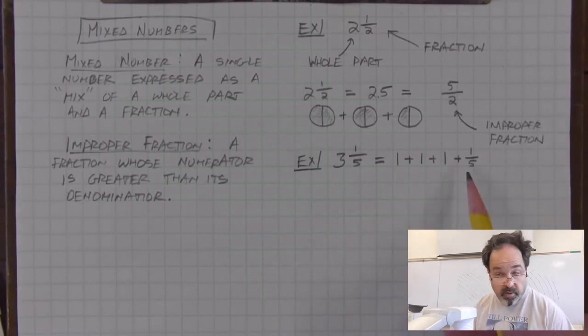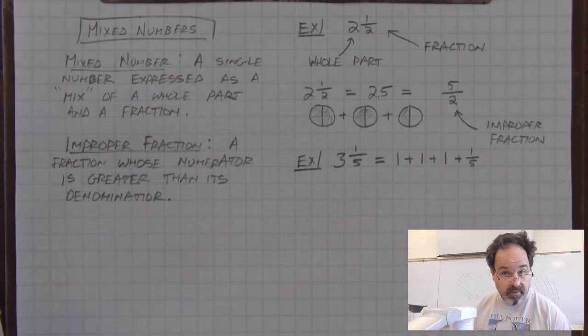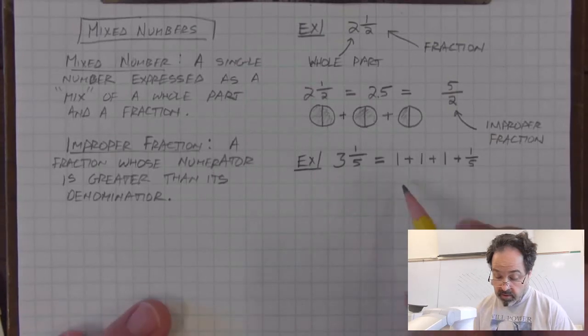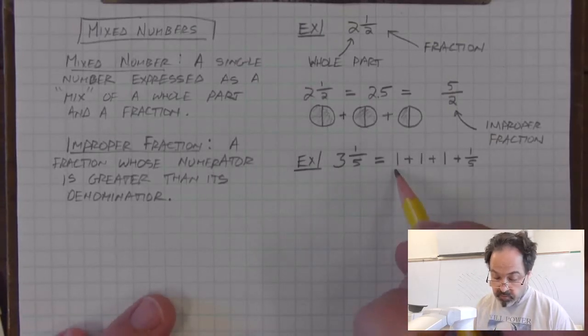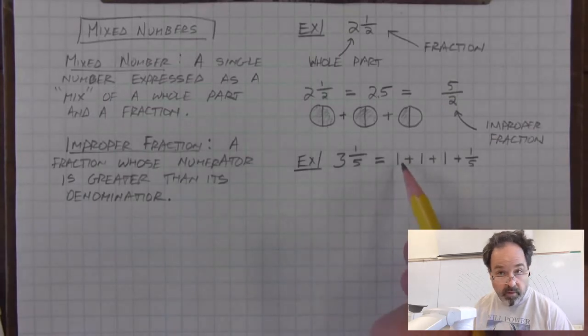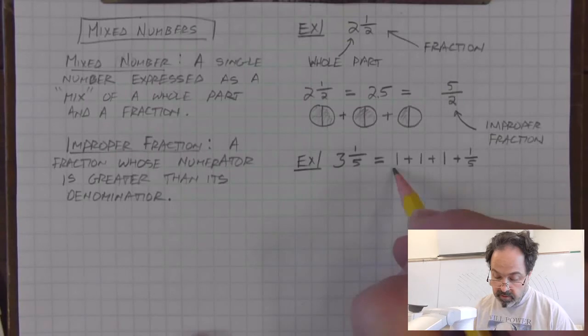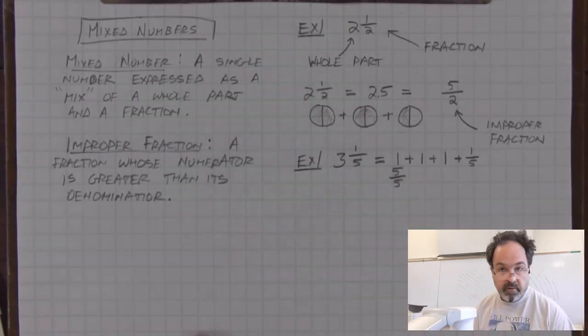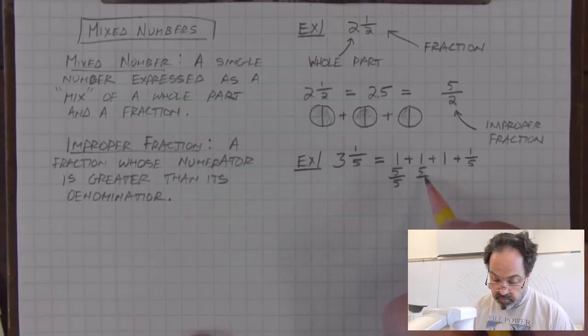Now each of these 1s I'm going to convert into 5ths. Something over itself is equal to 1. So if I wanted to turn a single whole 1 into a fraction with a denominator of 5, then I can write that 1 as 5 over 5. Each of these 1s is 5 over 5. And then there's the 1/5.